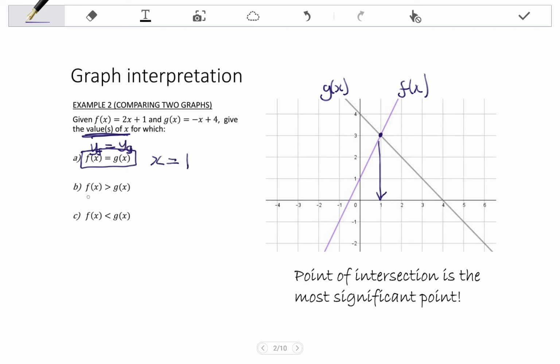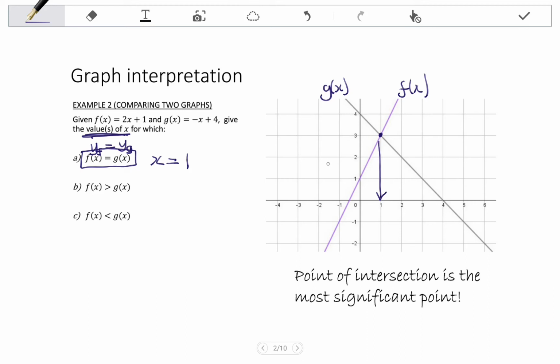Question B asks where f of x is greater than g of x. That means where the y values of f are greater than the y values of g. Since y values are on a vertical line, if the y values of f must be greater than the y values of g, it means where the graph of f is above the graph of g.